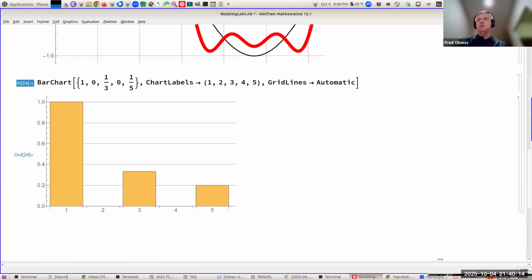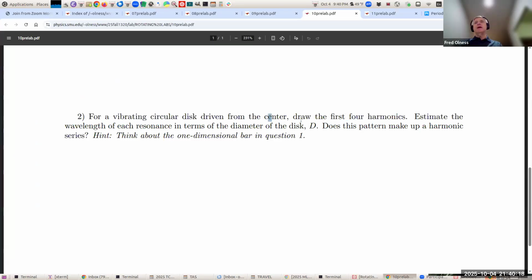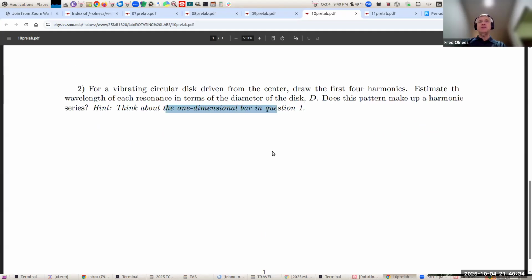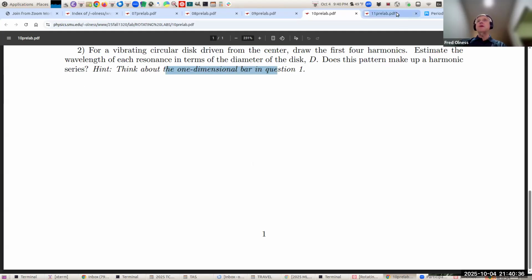So that's what we're dealing with here. Sketch that, and does the pattern make up a harmonic series? From your book, you can find what those frequencies are, and they're not in any sensible pattern. So anyway, that's what we're looking for there.